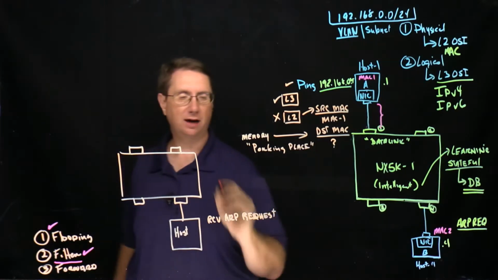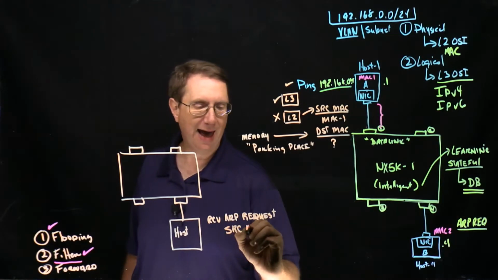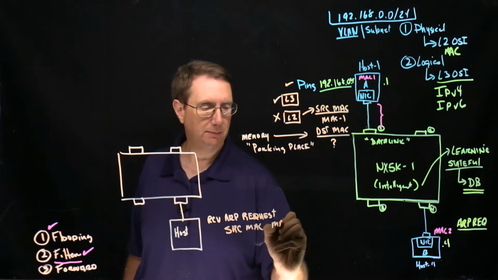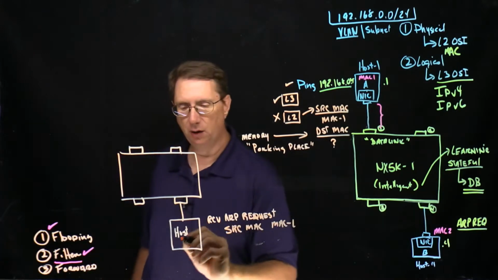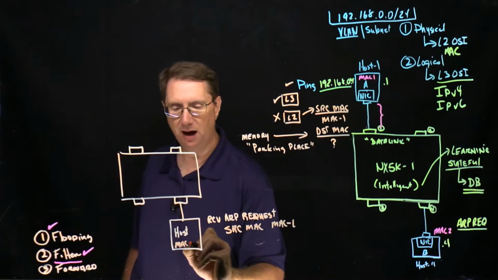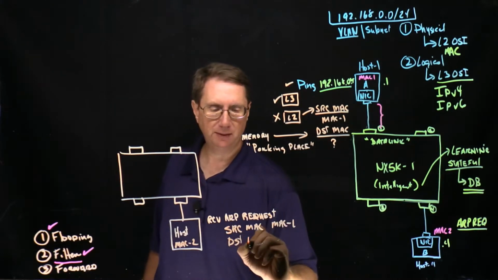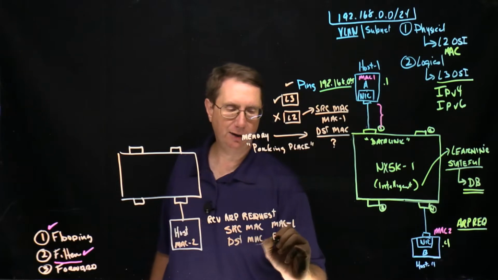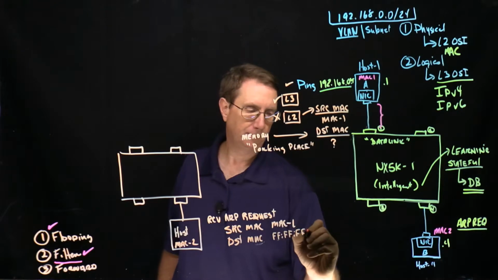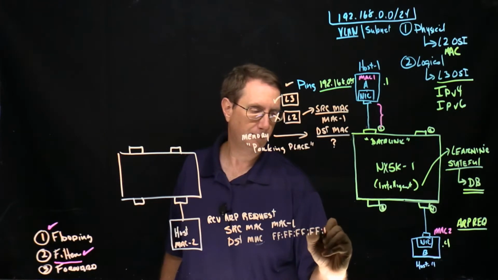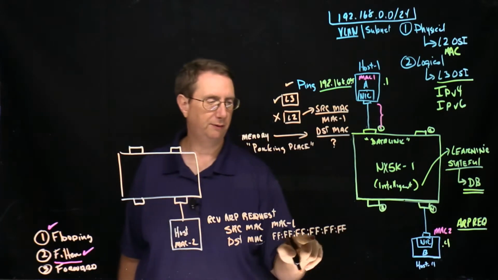It has arrived with a source MAC address of MAC1, the MAC address of host 1. And we know that this guy down here has a MAC address of MAC2, and it was destined to the MAC address, and I'll write it all out one more time, of all Fs. One, two, three, four, five, 6.